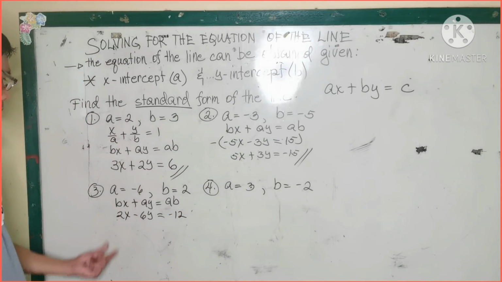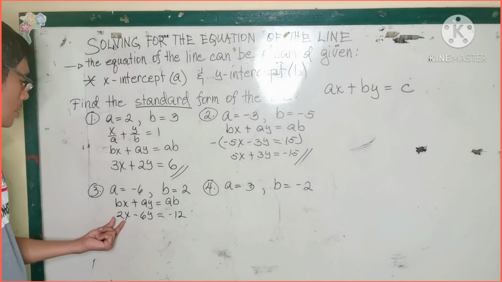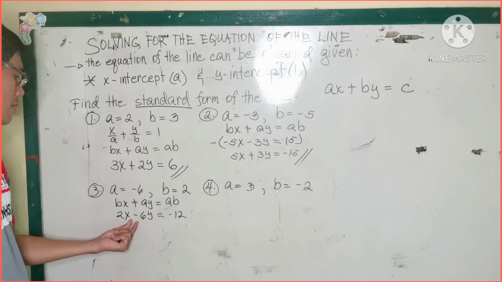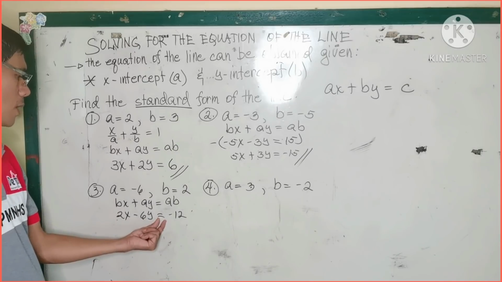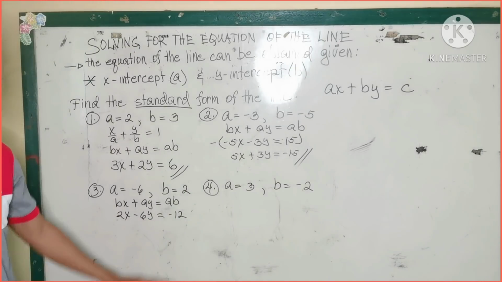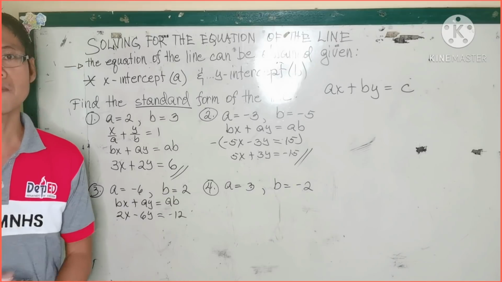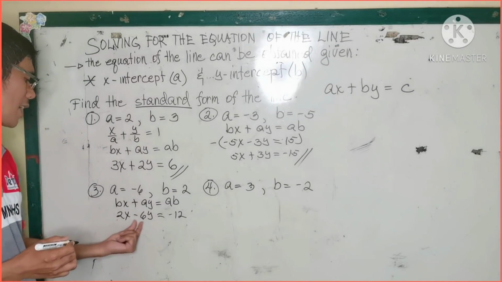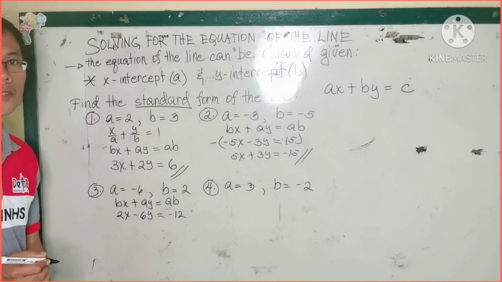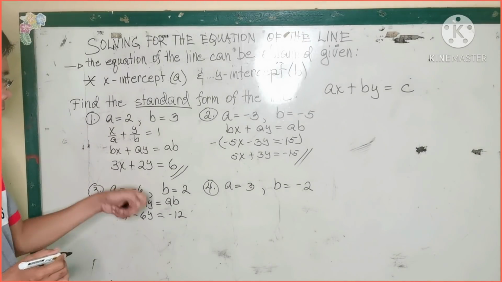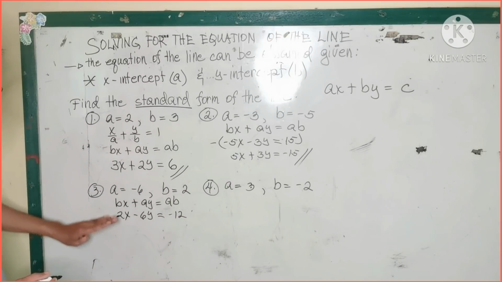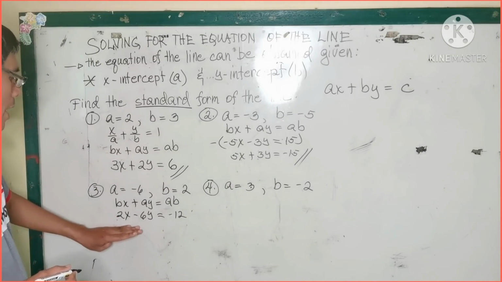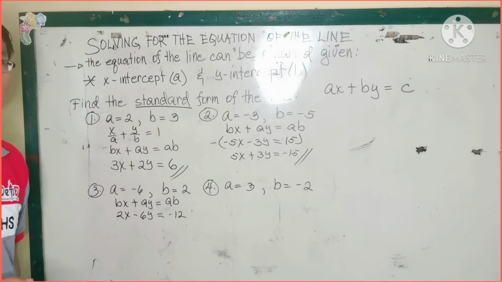Okay? So here, you are given 2x minus 6y equals negative 12. This equation can be simplified. Why? Because there is a common factor among the terms. So, what is common to 2x, negative 6y, and negative 12?